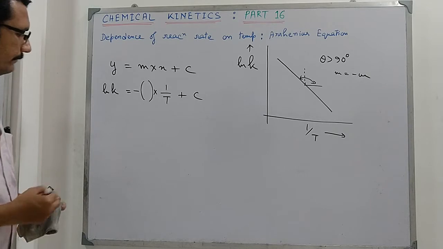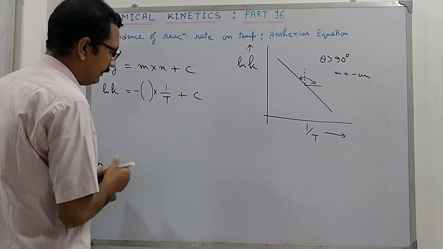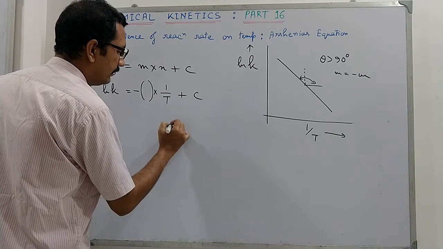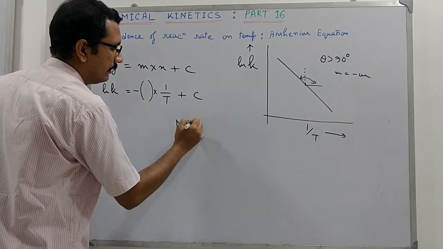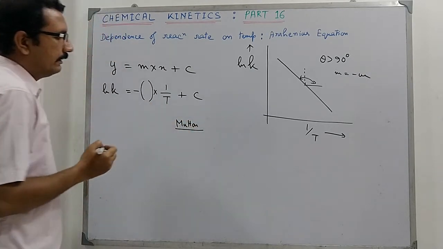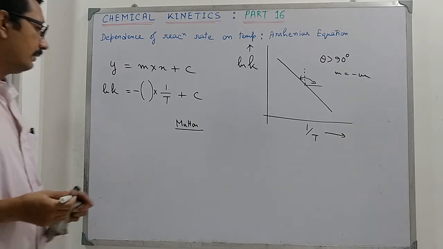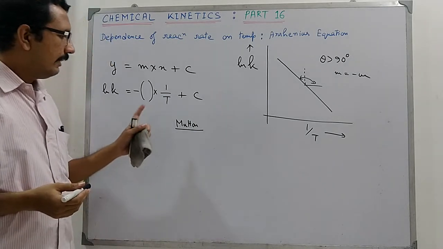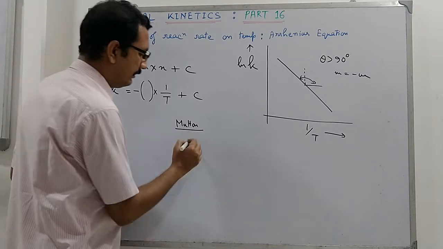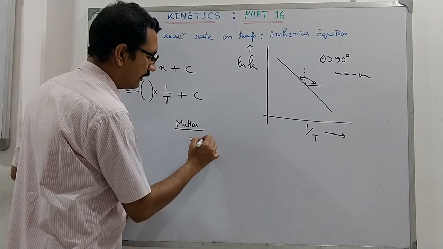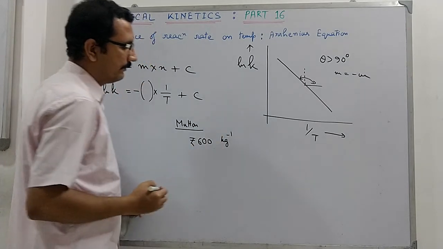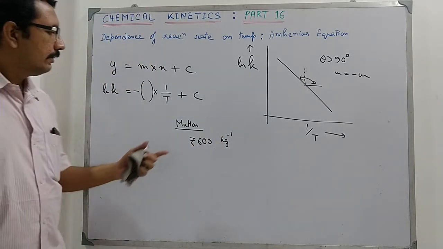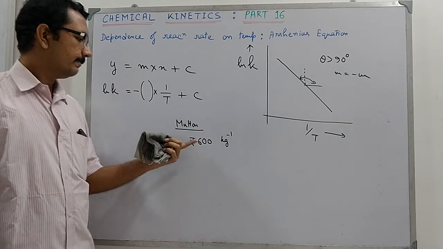Now you see, if someone loves to eat mutton, then he has to pay rupees 600 per kg to have the taste of mutton.